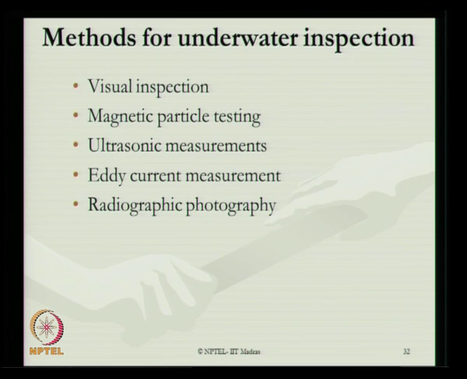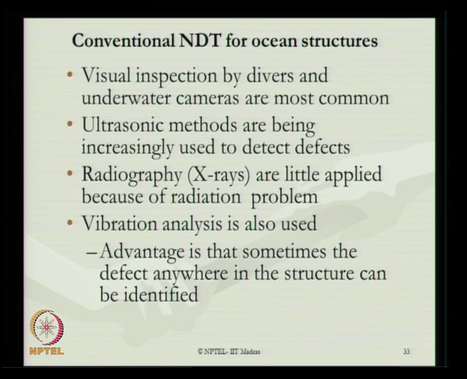If you look at the methods which are generally deployed for underwater inspection, there are varieties of methods used for inspection of marine members underwater: visual inspection, magnetic particle testing, ultrasonic measurements, eddy current measurements and radiographic photography are commonly used for underwater inspection of marine structures.